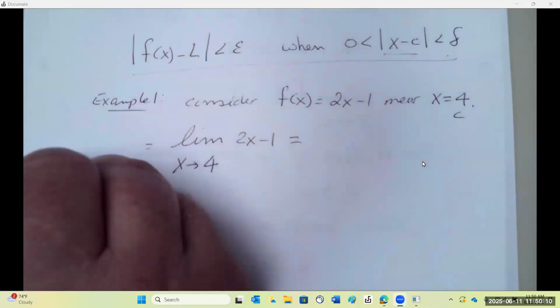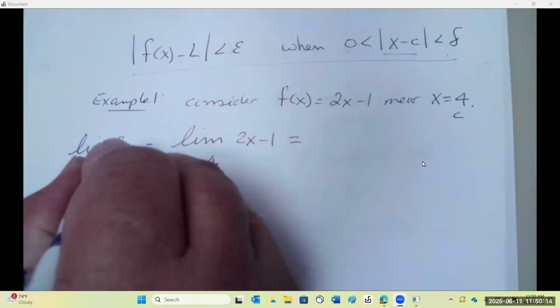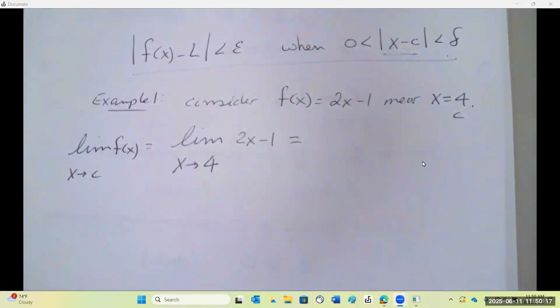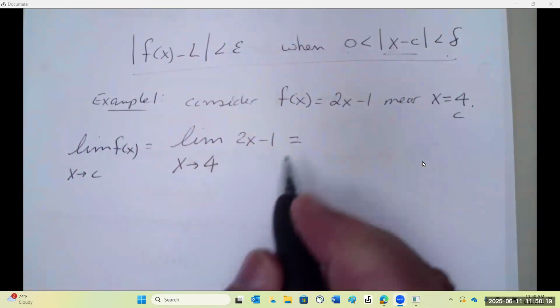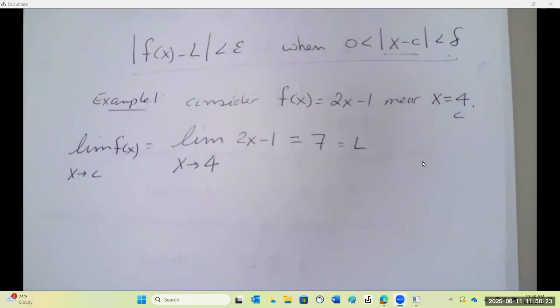So actually, let me put this as the limit as x approaches c of f of x. If we plug in 4 inside there, we get our limit. That's our L. So we've just labeled everything. Now let's see how it works in our proof.